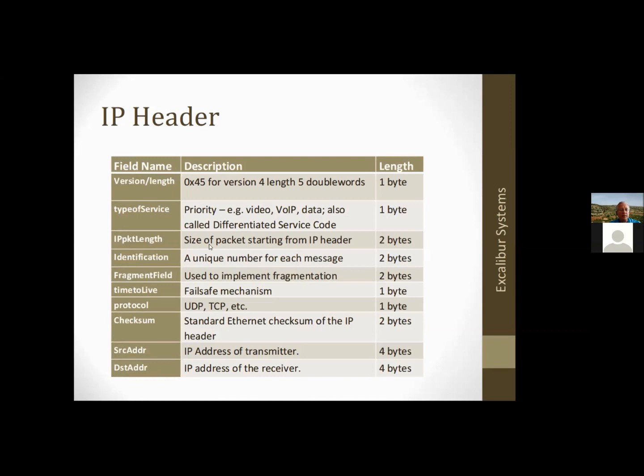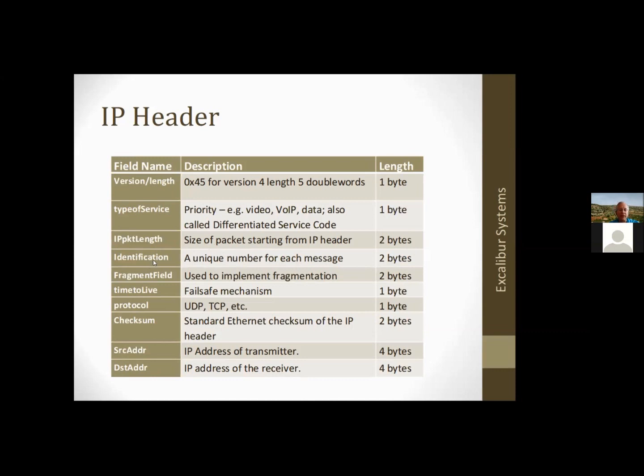It's actually a little less than 64 because it doesn't count the MAC header, right? The MAC header, which we said has 3 fields, 2 6-byte fields and a 2-byte field, so that's 14 bytes, is not included in this number.